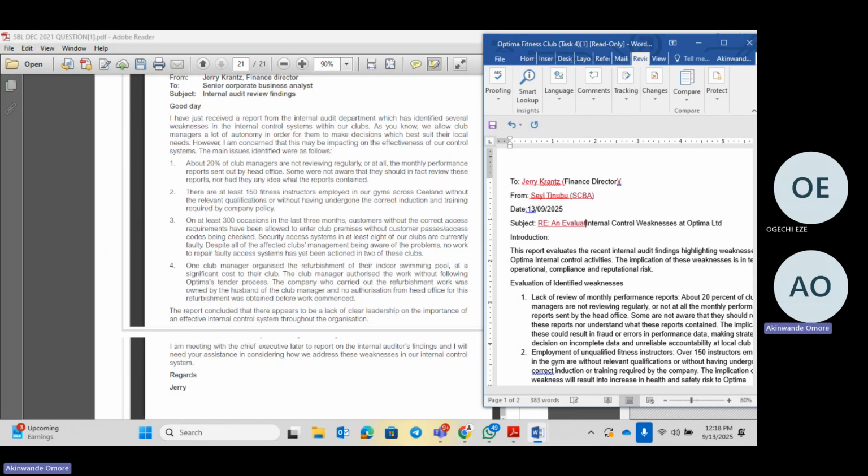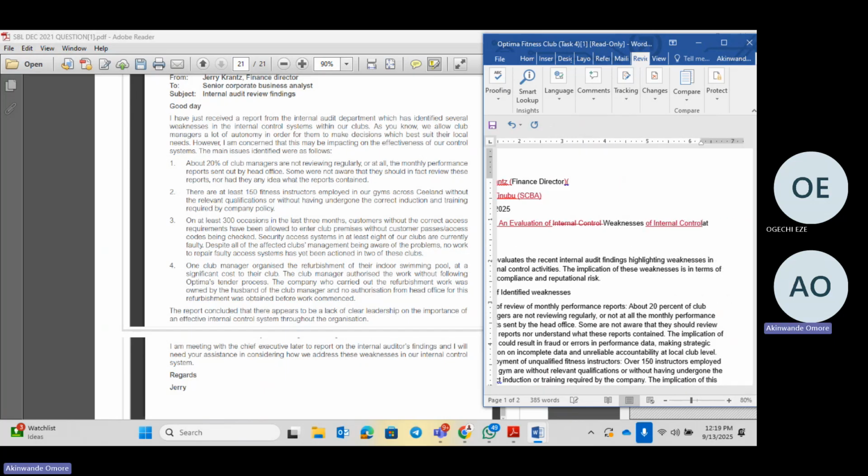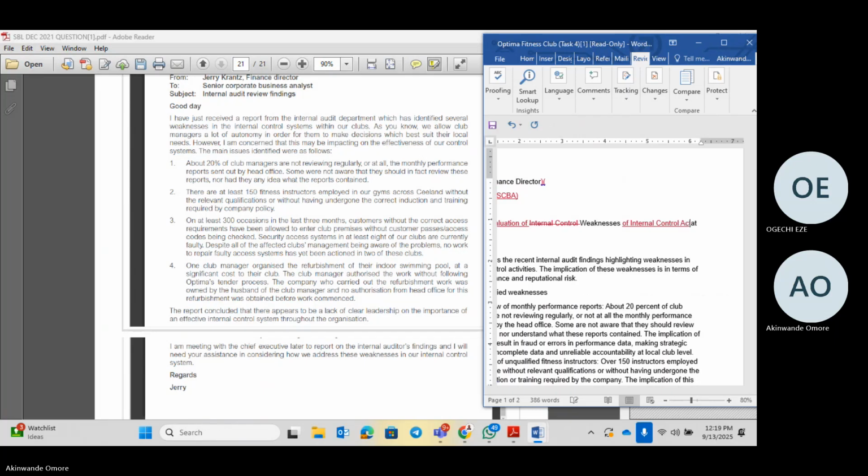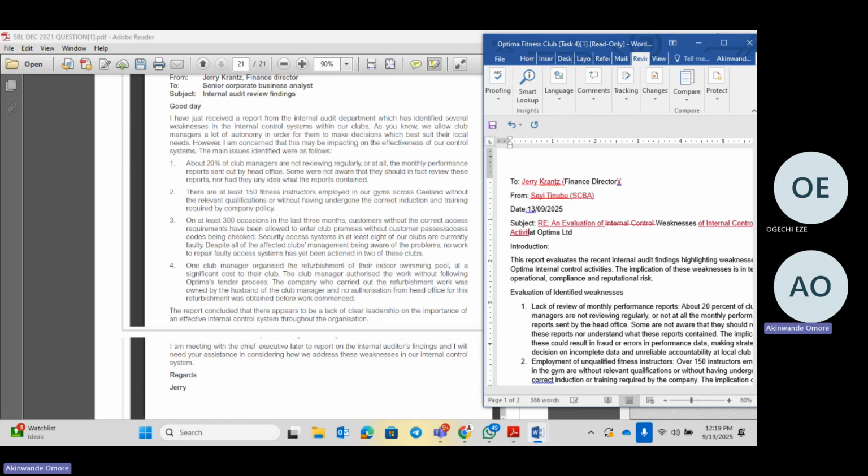Evaluation of internal control weaknesses about weaknesses of internal control activities. So you get it.